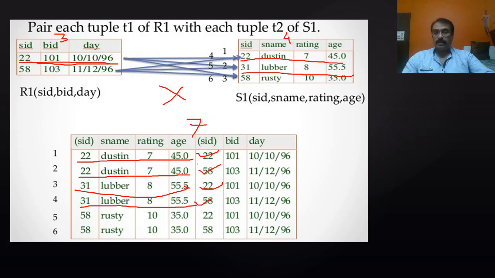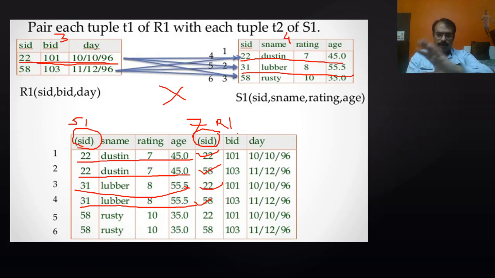And the second thing you'll have to observe is SID. SID is a common or similar attribute. Still we are maintaining 2 columns for it, because the first belongs to S1 and the second belongs to R1.